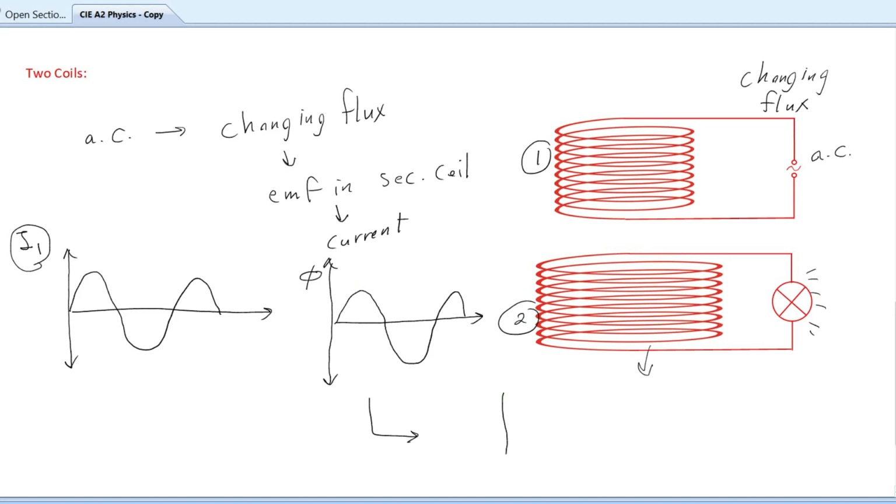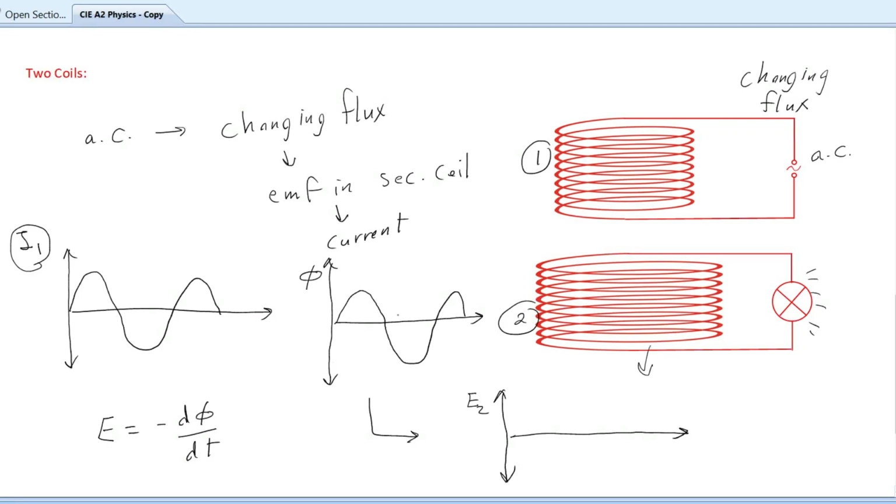You'll find that if you use Faraday's law and Lenz's law, as mentioned before, E is equal to negative dΦ/dt, then the EMF induced in coil 2 will be equal to the differentiation of the flux with respect to time.